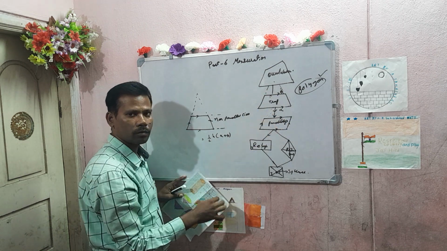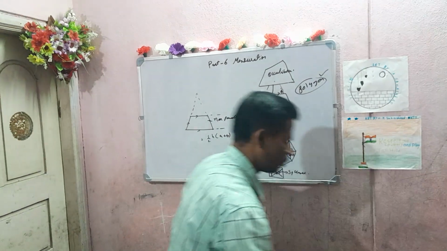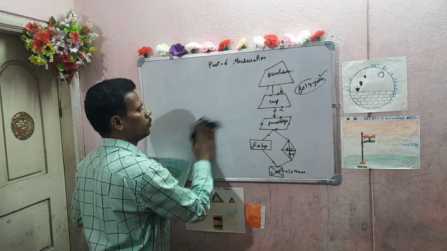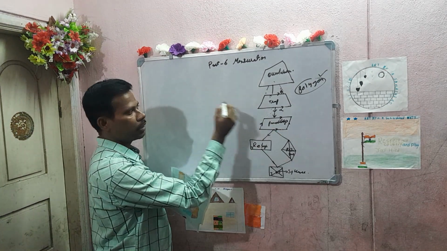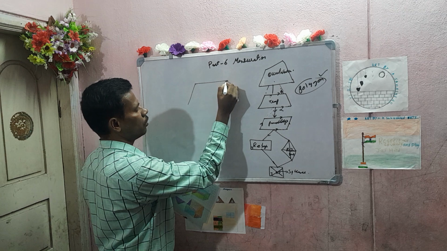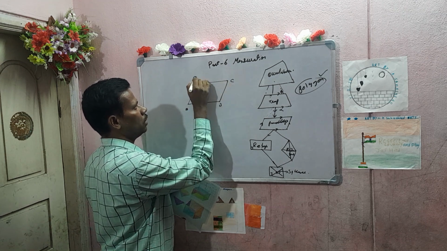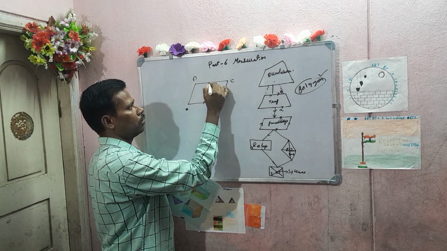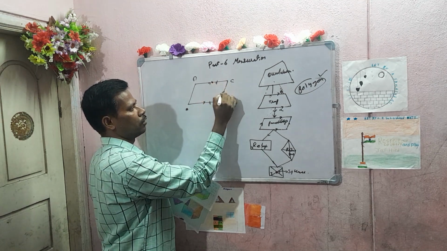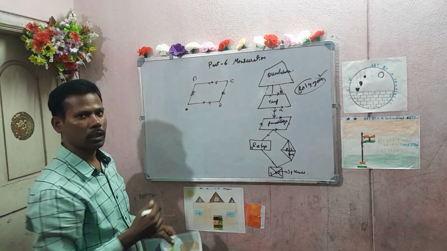Next, parallelogram. Parallelogram means both pairs of opposite sides are parallel. I told you, A, B, C, D, and in a parallelogram opposite sides are also equal.